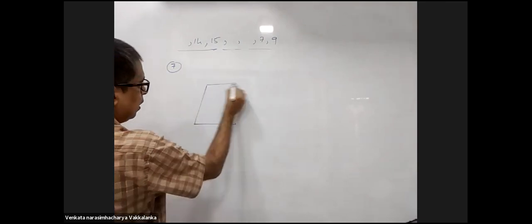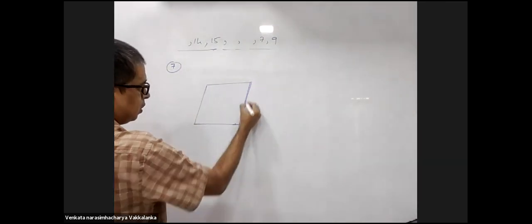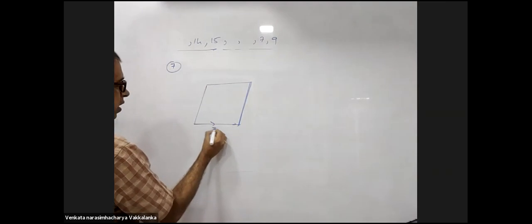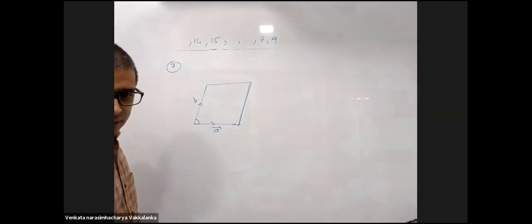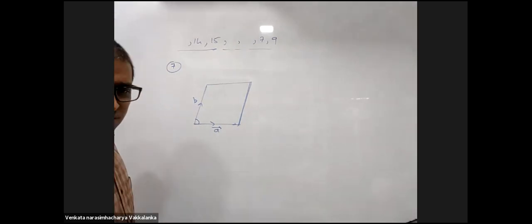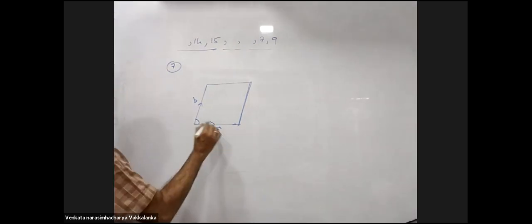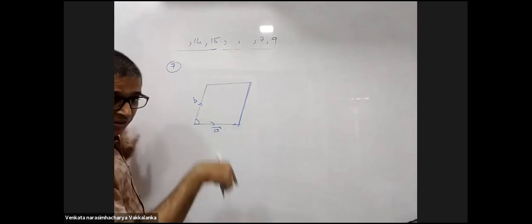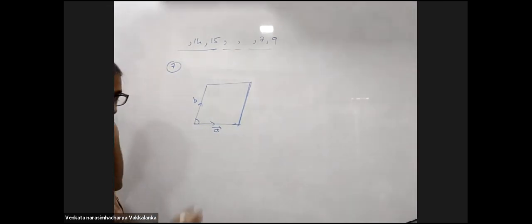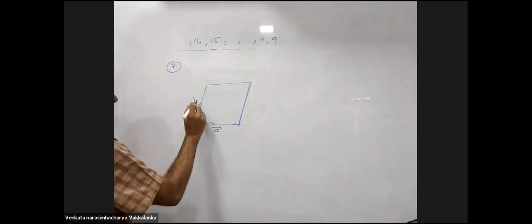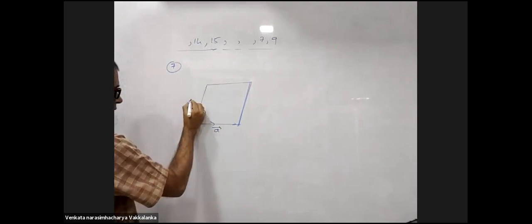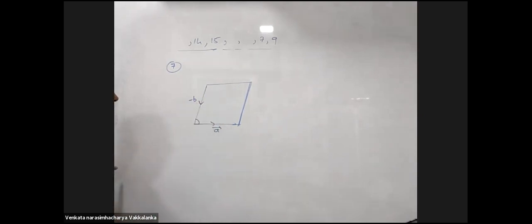If angle between vector A and B is acute, then the difference A minus B, have a look at it. I will make this minus B. This is minus B in this direction.